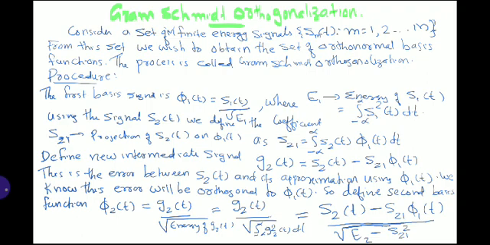That means we need a set phi(t) which contains some capital N number of signals, in such a way that using a linear combination of those signals, we can represent all the capital M signals s_m(t).